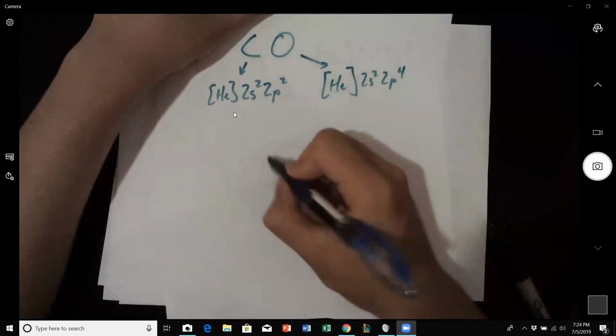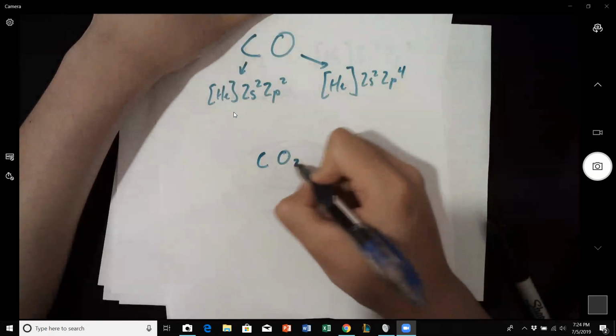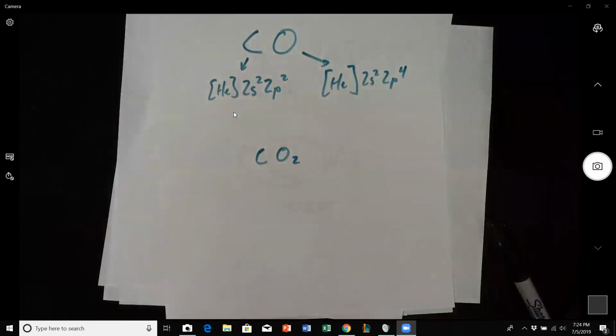And let's do CO2. Try to draw both of these. Carbon monoxide is a little tricky, so if you can't get it, just move on to CO2.